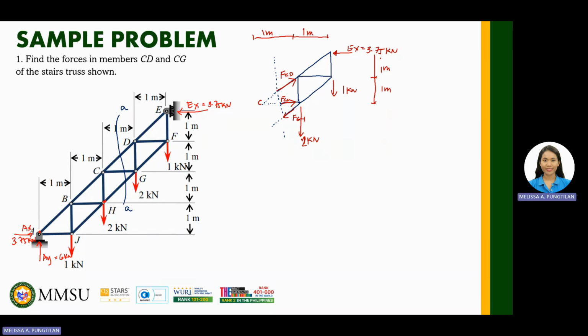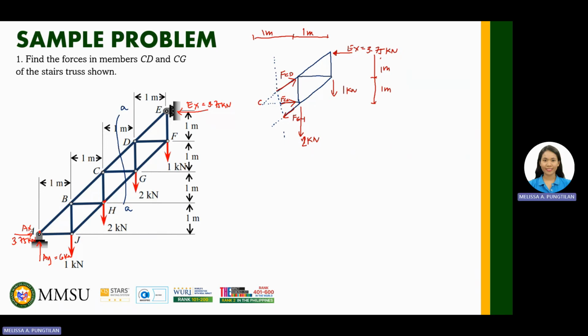So, meron na tayong free body diagram ngayon. Meron tayong working free body diagram. So, we can now apply yung equations of equilibrium, the summation of moments, summation of forces x, and then summation of forces y. Okay. So, by looking at these three members here, yung mga missing natin na internal forces, if we apply summation of forces x and then summation of forces y in equations, wala tayong makukuha. Bakit?